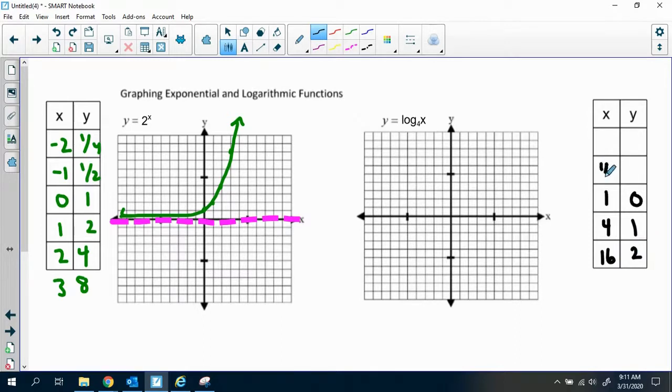If I sub in 1/4 for x, I'm going to get -1. And 1/16 for x, I will get -2. So my graph will look something like this, and 16, 2 is going to be way over there. So my graph grows really slowly, and I have an asymptote at x equals 0.